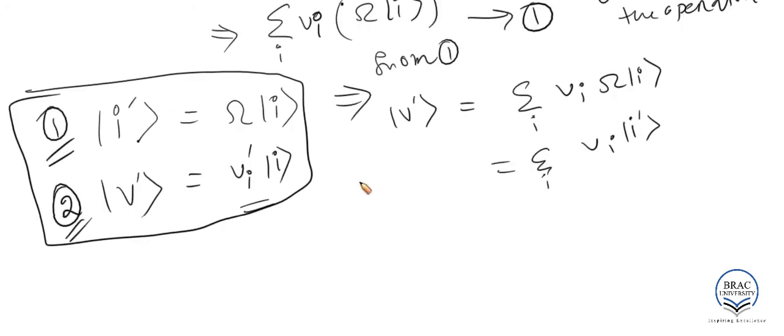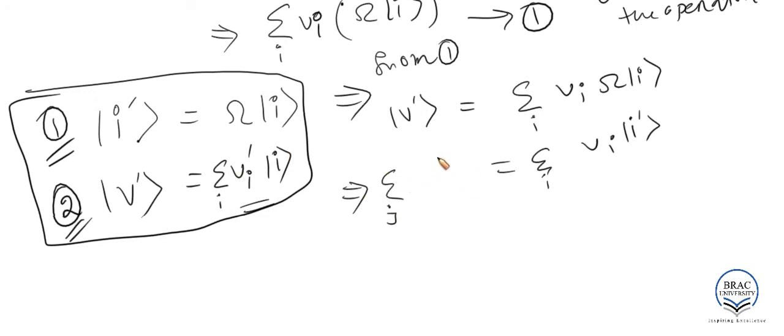Okay, so we want to see how these components change. So let's write v prime as a sum over, I forgot to give a sum sign, sum over here. So instead of i, let's just take j, so that we don't get confused.